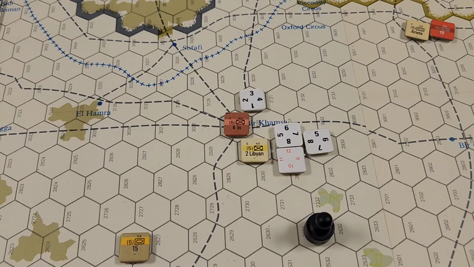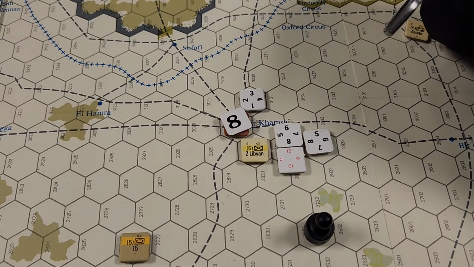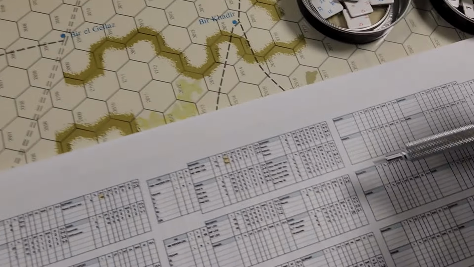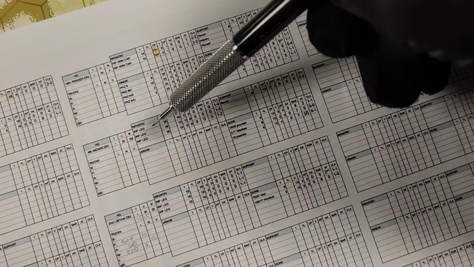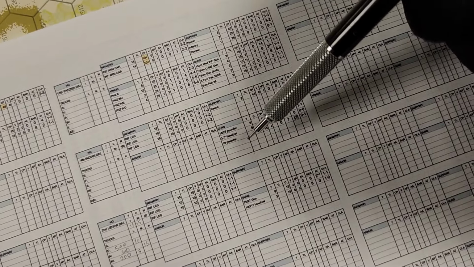Let's get some of these other counters out, which I should have had prepared. So we're going to drop an 8 barrage on these guys. Now they're going to fire back. Let's see. The 4th Indian, as you can see here. Here's where the guns are. So this is how I had it separated. I have infantry, I have armor, I have support and guns.